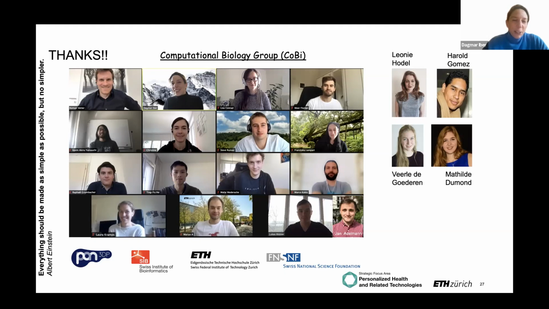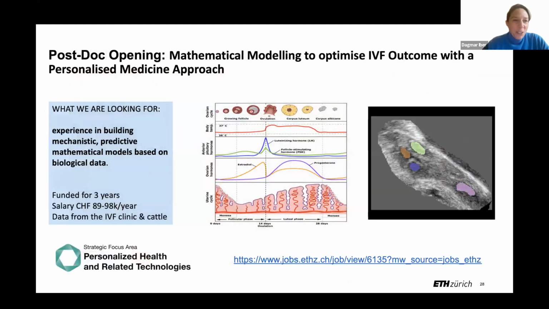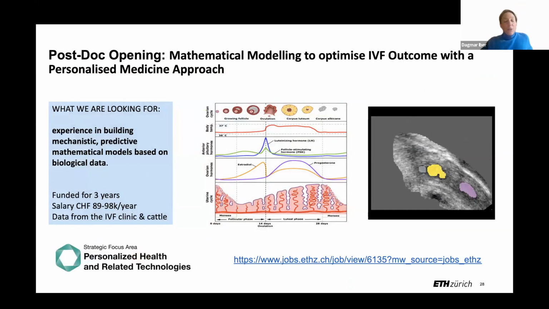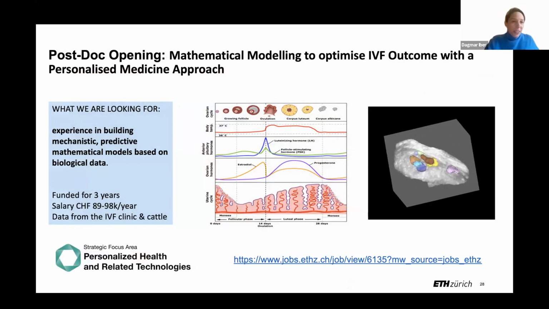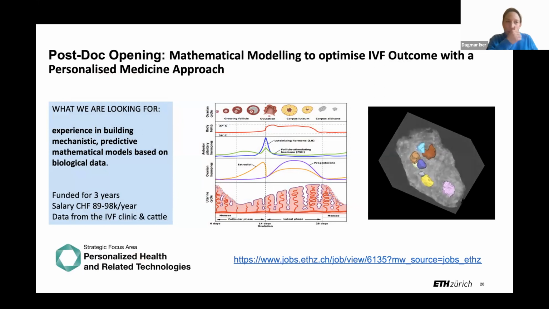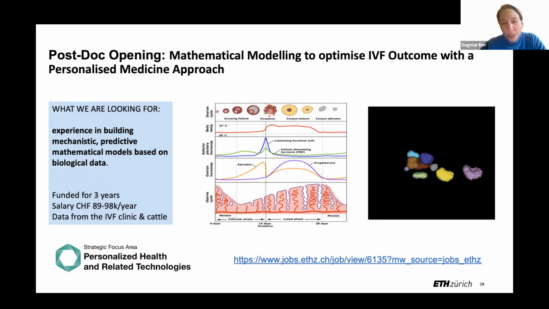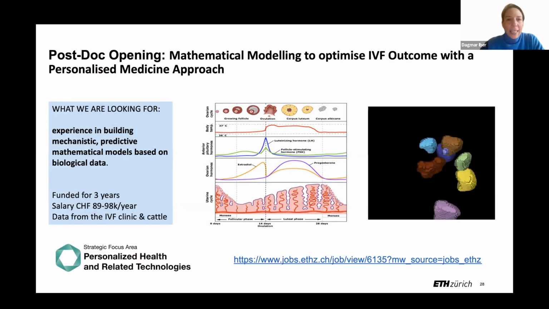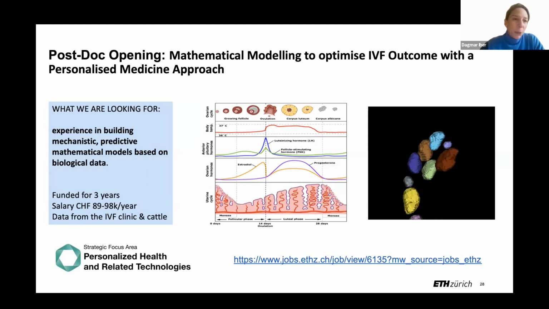And while I'm taking questions, I still want to show that opening, because I really struggle to find a postdoc for that one. That is really because I need someone with a particular skill set, and maybe you know someone, or maybe the person is even here. I need a mathematical modeler, not a mathematician, not a biologist, but someone who's bridging the two, who understands biology and can develop mathematical models.